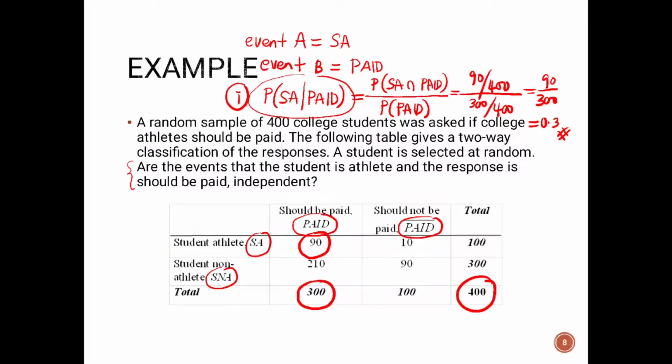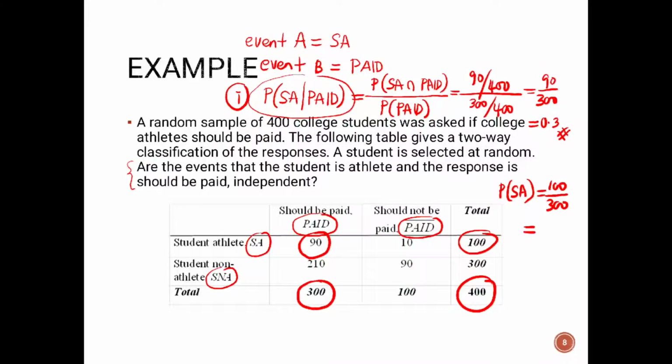Okay, sekarang kita nak tunjuk apa dia P of SA. Okay, P of SA, apa dia? P of SA adalah 100 per 300.